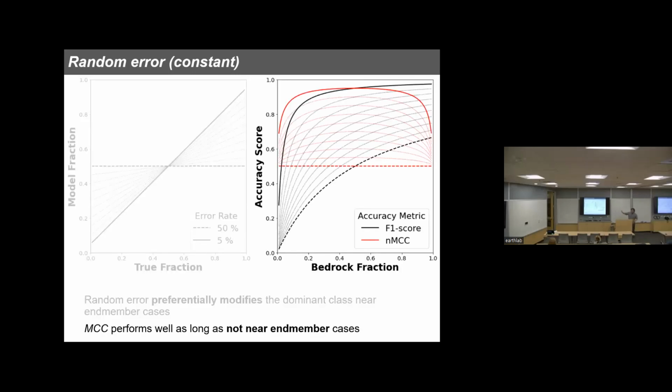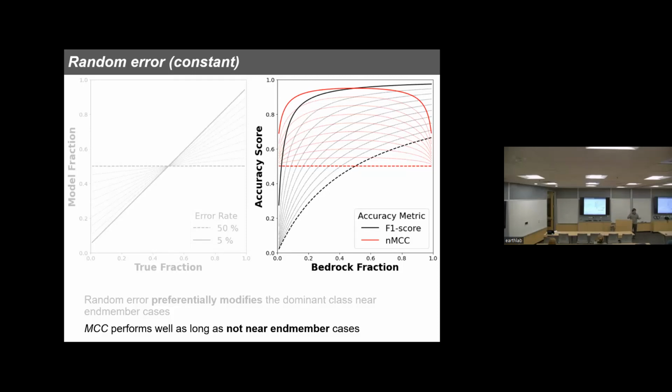So what this looks like in the accuracy scores, so now we can take the same kinds of plots, same kinds of contours, bedrock fraction on the x-axis, now I'm showing the accuracy scores on the y-axis. You can see that the Matthews correlation coefficient is actually doing a pretty good job in that it is symmetrical, so it's not doing anything weird in terms of asymmetry, but it's also for a large domain, say 20% to 80% rock, giving you the same results regardless of where you're measuring it.